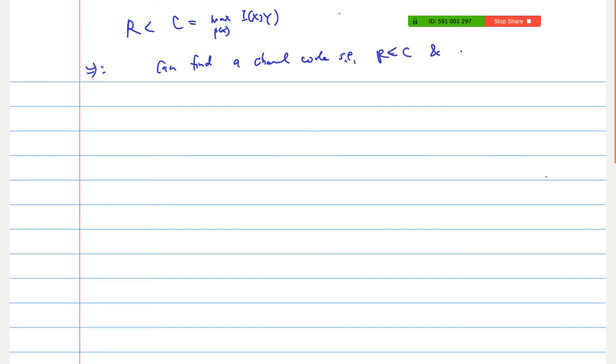The first is to show that as long as the rate is less than the capacity, given by the maximum over Px of I(X;Y), then we can ensure, as a forward argument, that I can find a channel code such that the rate is less than C and it is error free.